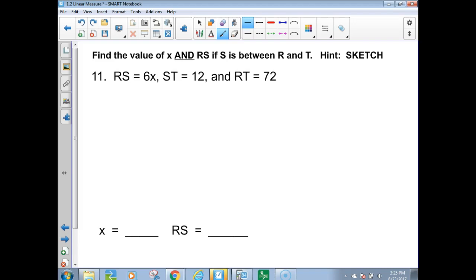Anybody not get that? I can go over it. So I'll kind of skip this one since I looked around and it looked like people were getting that correct.